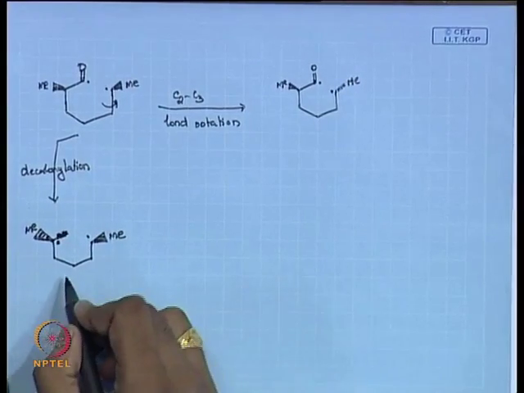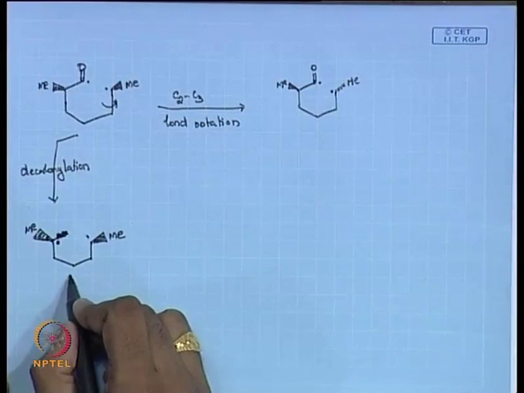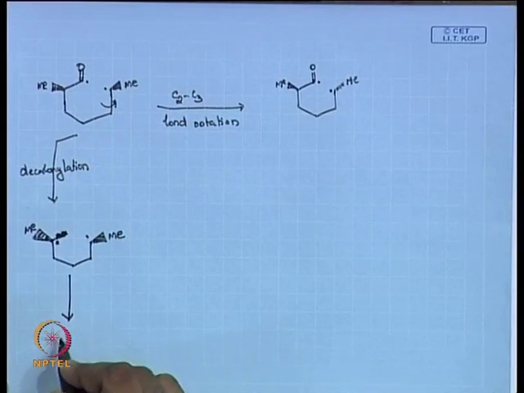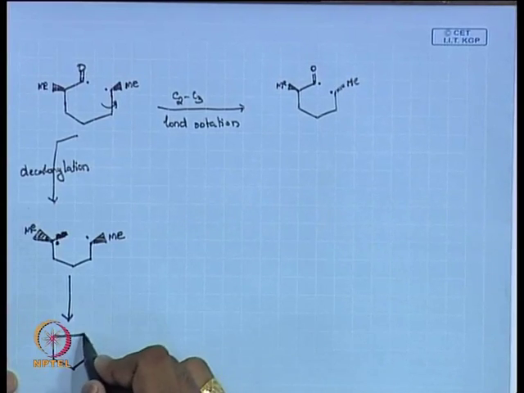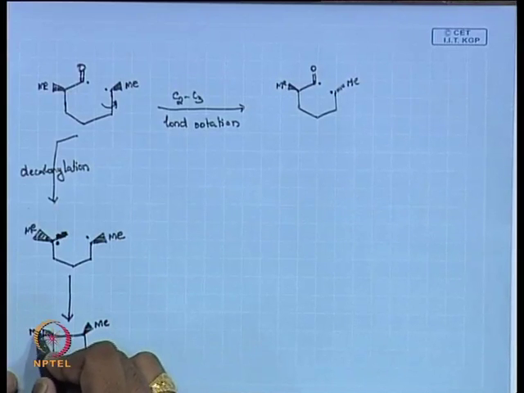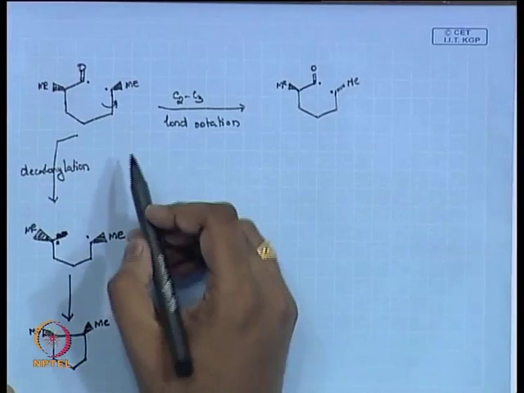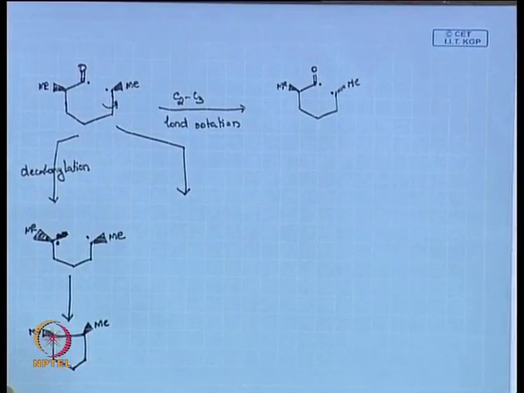So, you get your 1,5 diradical. You know what a 1,5 diradical can do. A 1,5 diradical can undergo a fast radical recombination to give me a methyl. Right. Then you know that it picks up hydrogen, but that gives a minor product. We do not worry right now about that. You can write that product also.